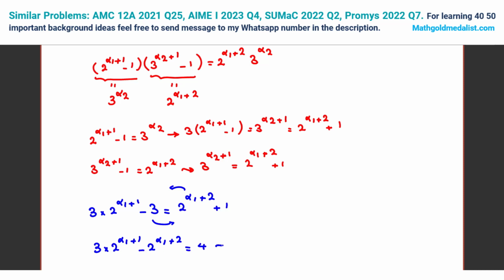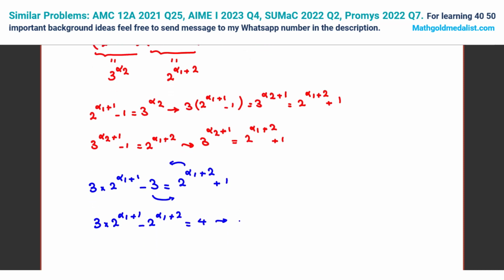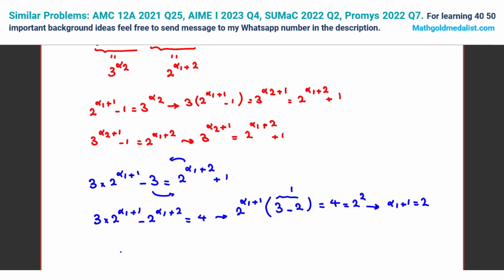So here we can factor 2 to the alpha 1 plus 1, and it will be 3 minus 2, which is 1. Because 4 is 2 squared, alpha 1 plus 1 is 2, so alpha 1 is 1.